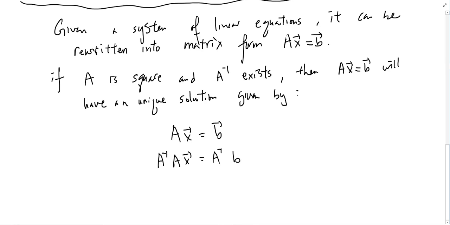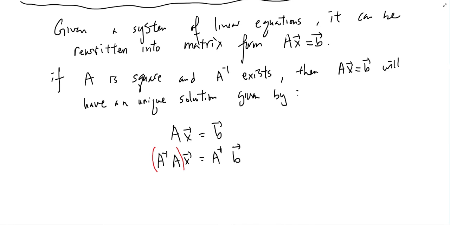Important to notice that I have to put the A inverse on the left in both the left hand side and the right hand side of the equation, because matrix multiplication is not commutative, so I have to keep track of which way I'm multiplying. And notice on the left hand side, there are basically three things that get multiplied together. The associative property tells me I could multiply the first two together first, as long as I don't mess up the order of multiplication.